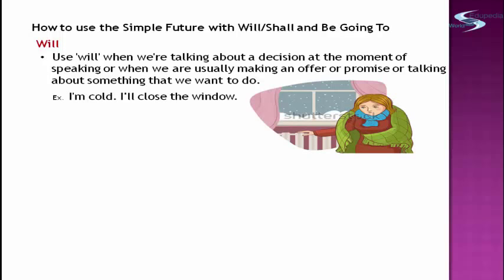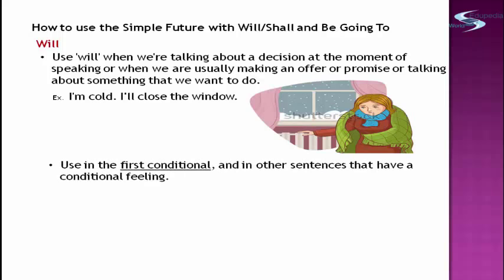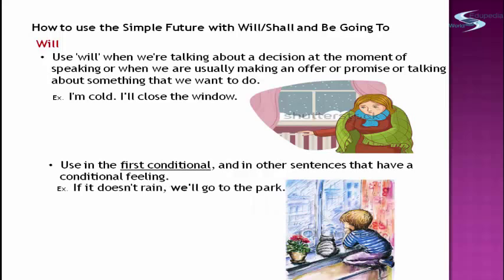Like for example, I'm cold. I'll close the window. Will can also be used in the first conditional and in other sentences that have a conditional feeling. If it doesn't rain, we'll go to the park. Okay?